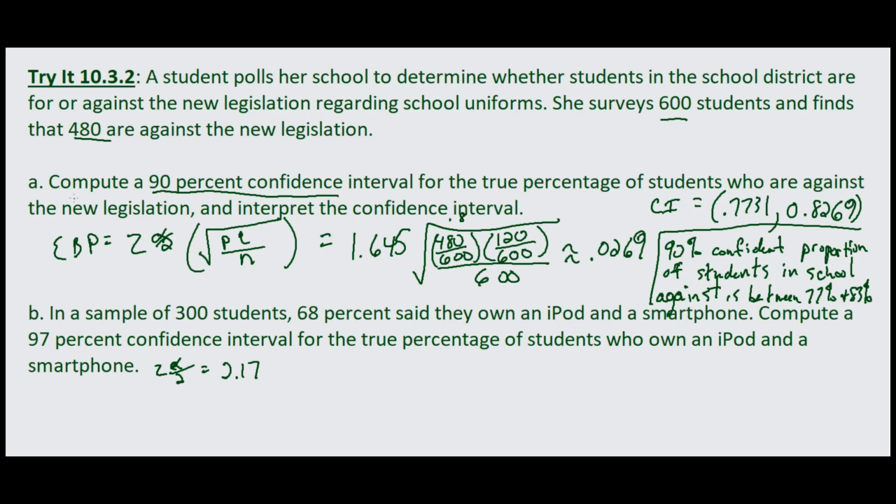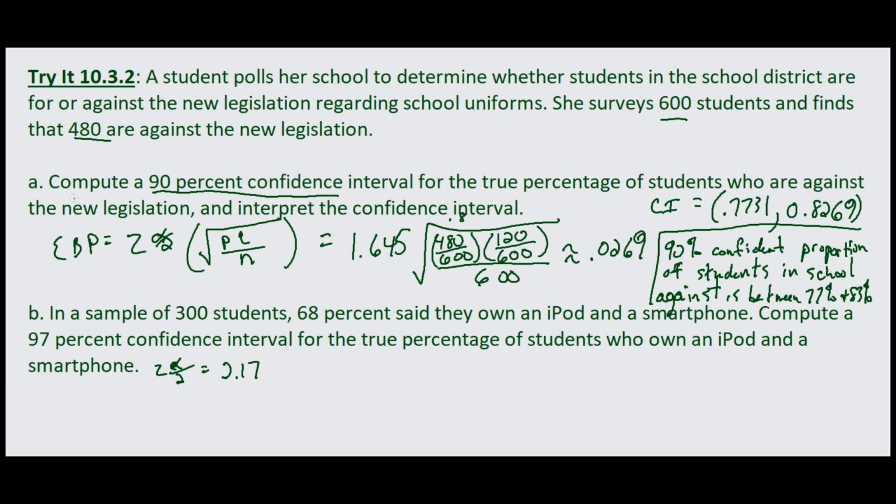It's going to give you the 2.17. Inverse norm gives you a z-score based on a probability or percentage. Same thing as looking it up in a chart. It might actually give you one that's a little bit different, like 2.17000 something. But for all intents and purposes, it's the same z-score.